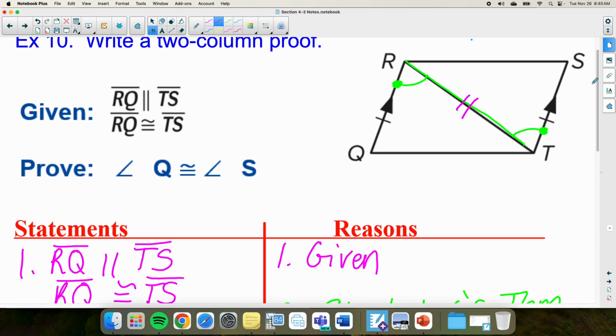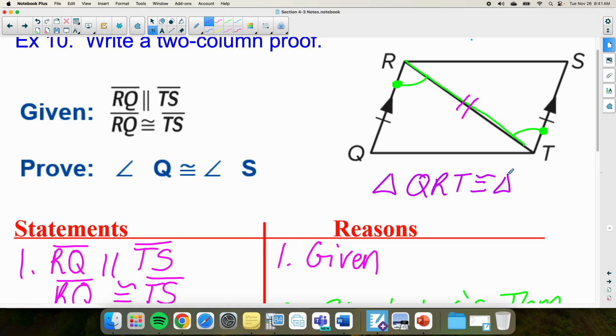Then, do I have to do the extra step in this one? Yes. So, like I said, when you're going to do that part, you have to show the two triangles are congruent first. So, if I was doing that, I would go along the side with 1 dash and then the side with 2 dashes. So I would call this triangle QRT is congruent to, and when I go to do the other one, I do the same thing.